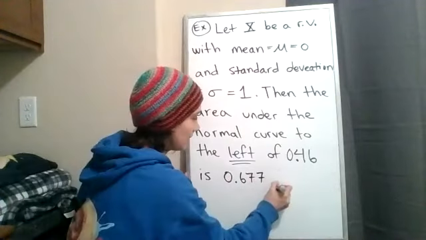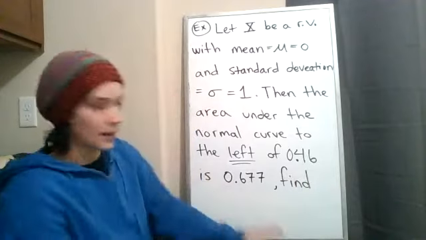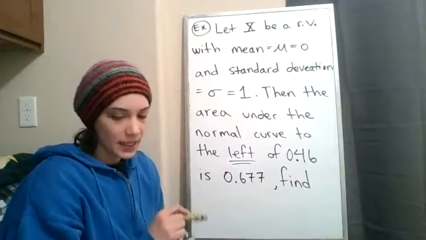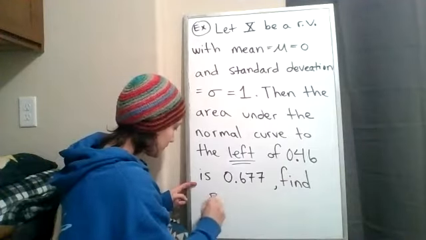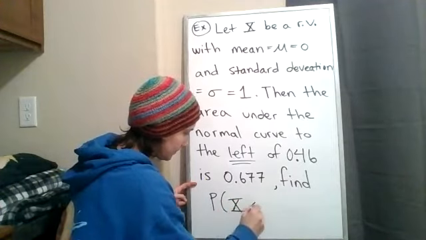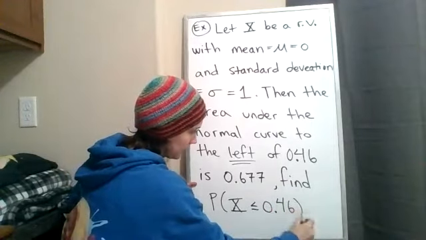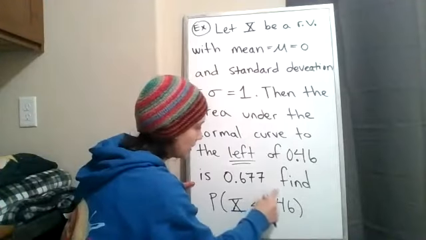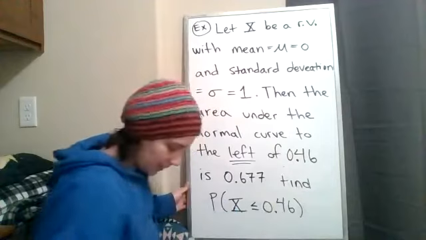Find the probability that x is less than or equal to 0.46. And this we're going to call part A. So actually we're going to erase here.